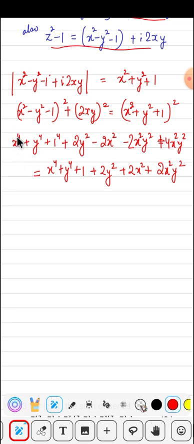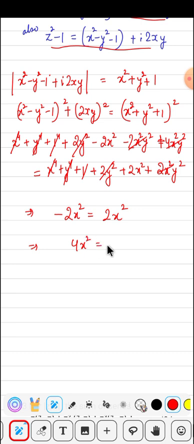I know that x⁴ will cut x⁴, y⁴ with y⁴, 1 with 1, 2y² with 2y², and this will cancel. We are left with -2x² = 2x², or 4x² = 0, or x = 0.